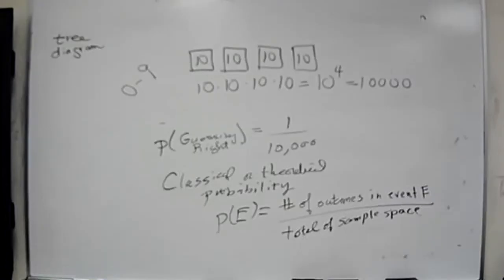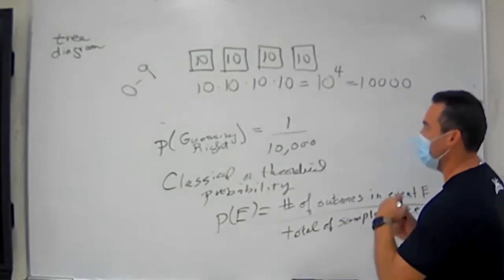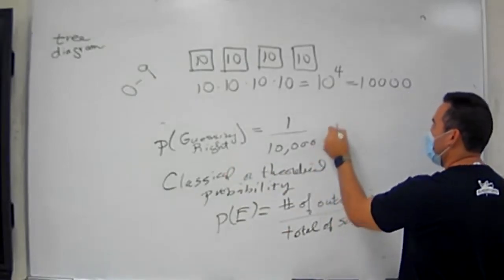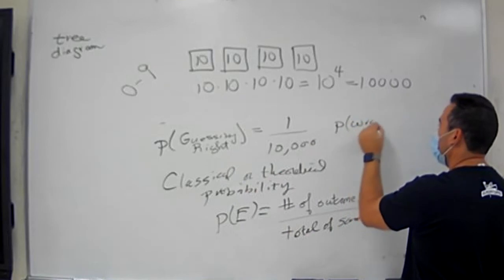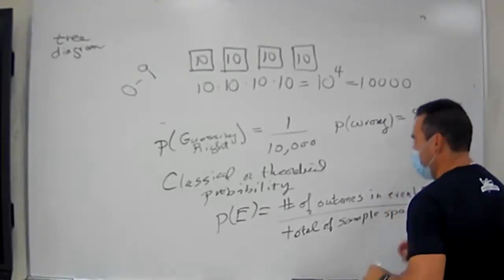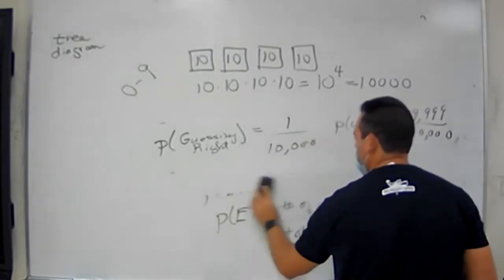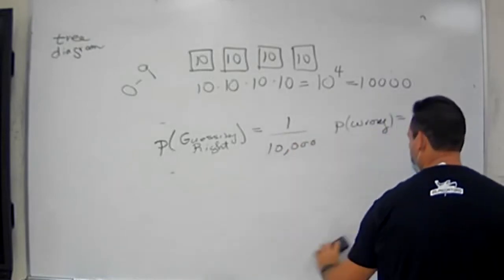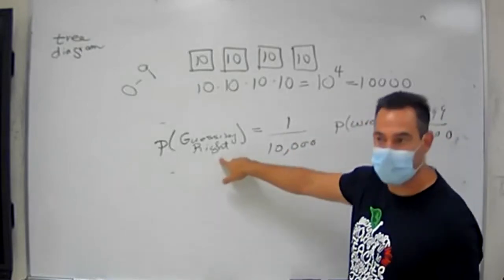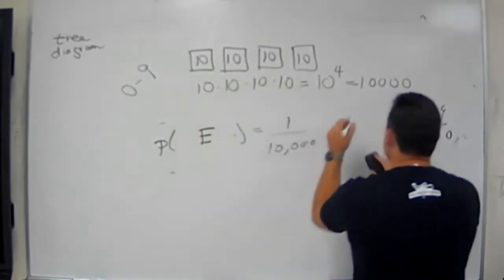So the probability of guessing right here would be 1 out of 10,000. What would be the probability of getting it wrong? It would be 9,999 out of 10,000. Now, something interesting happens here. This is the event that we're considering, and this is what's left over.